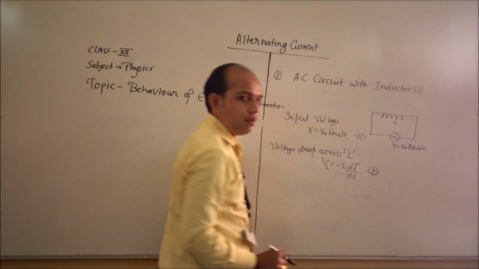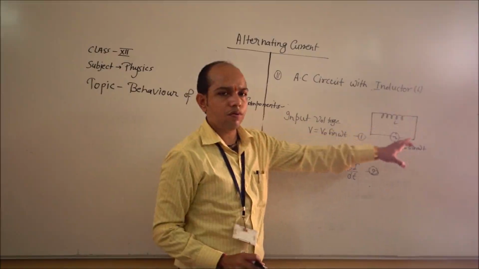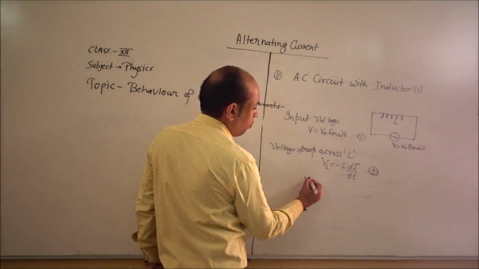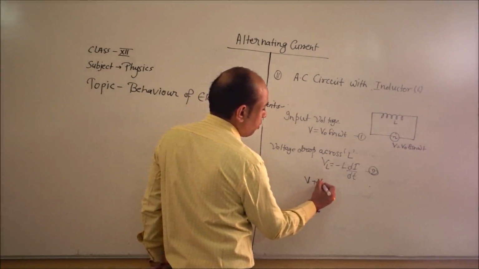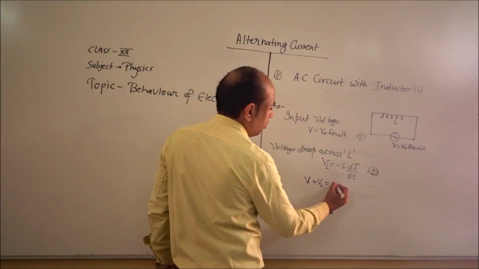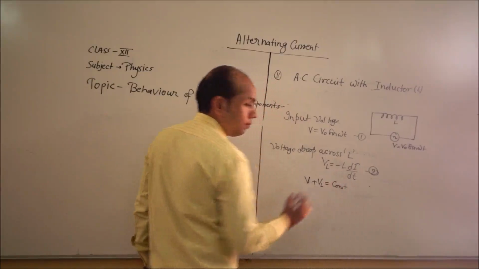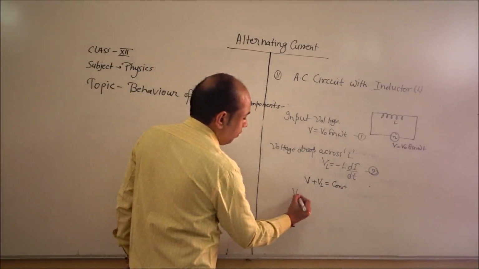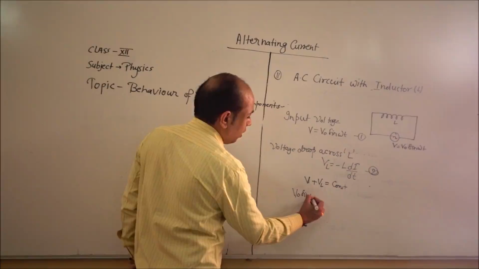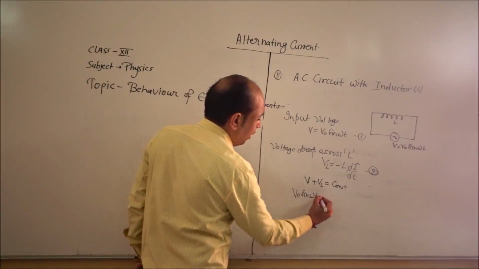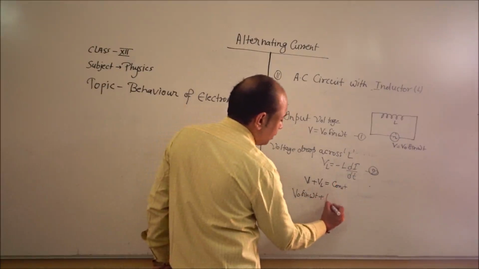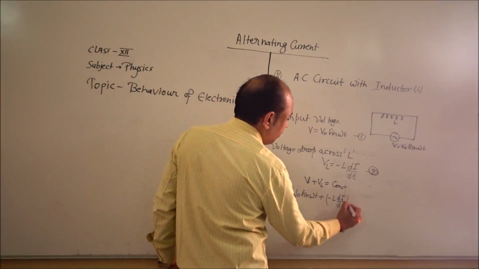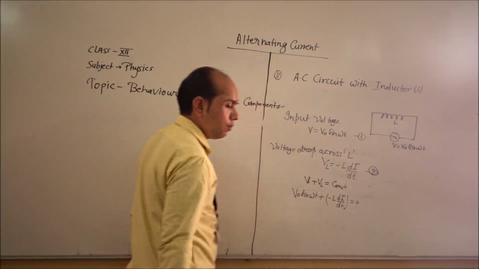Now, in order to conserve the overall voltage, we can say the potential V and the voltage drop across the inductor sum to zero. Okay, so V is replaced by V naught sine of omega t, and VL is given by minus L di by dt, and this is equal to 0.